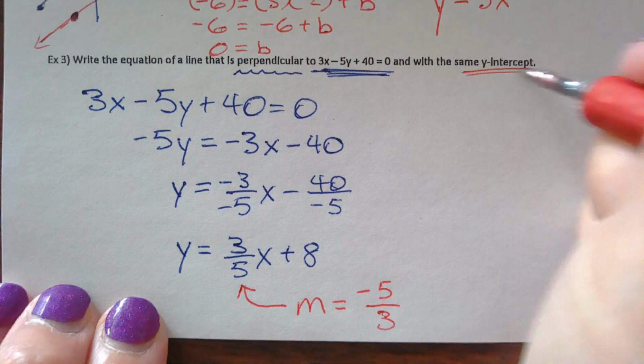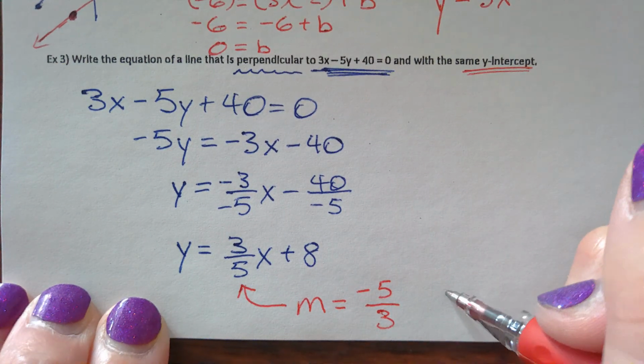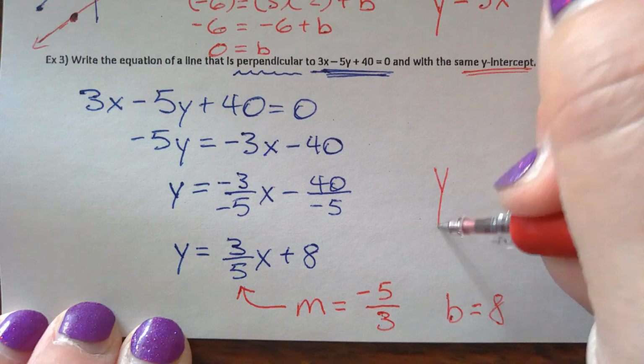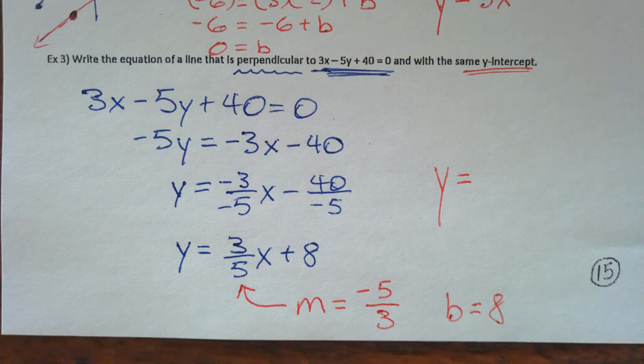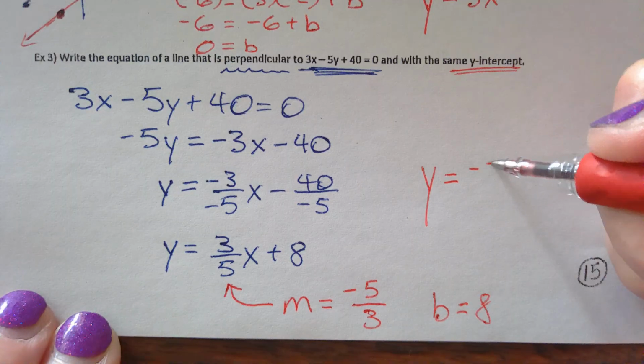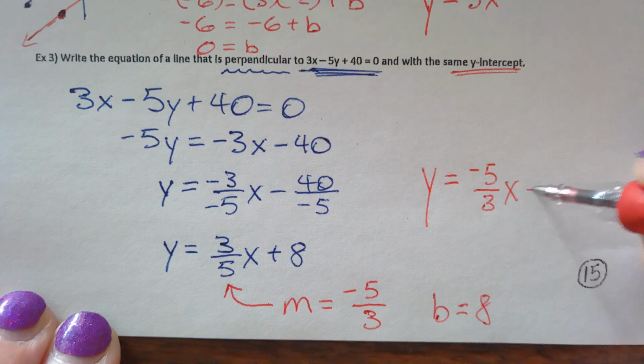And it has the same y-intercept, so b is 8. It has the same y-intercept, but negative reciprocal slope. So therefore, the equation of my red line is, Angelina? Perfect.